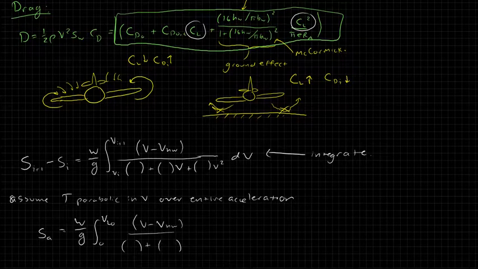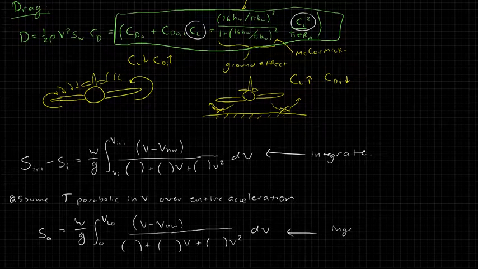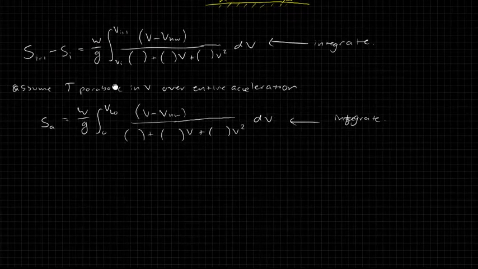But I invite you, if you're interested, to add them up and figure out what those coefficients are, times some coefficient times v squared, times dv. Okay? And here we can integrate this. Sorry, that's really ugly. So we can integrate that and get our acceleration distance.